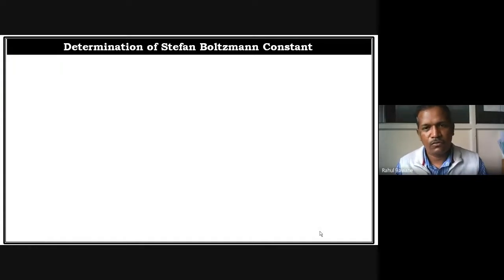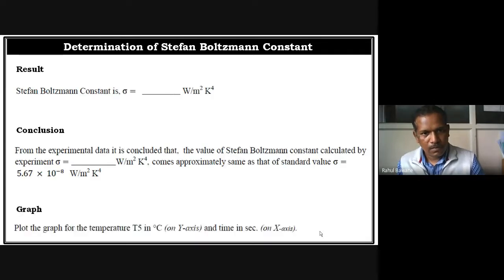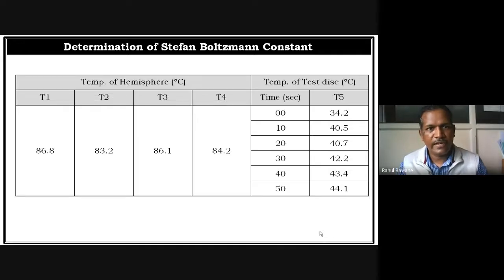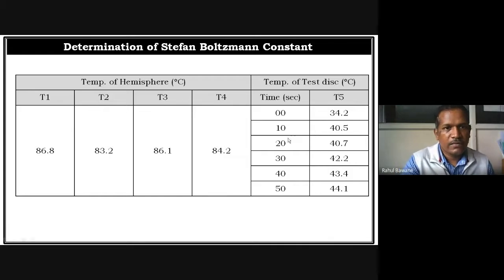In this we only have to measure the temperatures, correct? The remaining data is already provided in the manual. For the experiment, when I noted down the readings, I observed T1, T2, T3, T4. We measure these only once, when our hemisphere is filled with hot water.